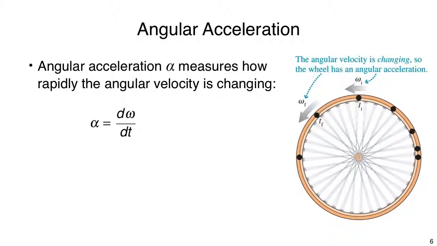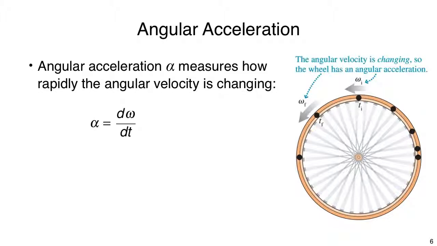So angular acceleration measures how rapidly the velocity is changing. This should look really familiar. If we had 1D motion, velocity told us how fast the displacement was changing. The acceleration told us how fast the velocity was changing. Do you remember these graphs? We said that the velocity was the slope of a displacement time graph. The slope is the rate of change.